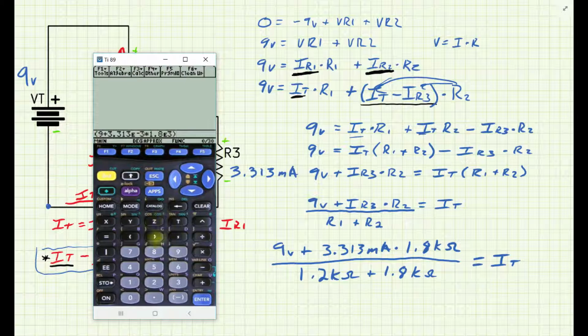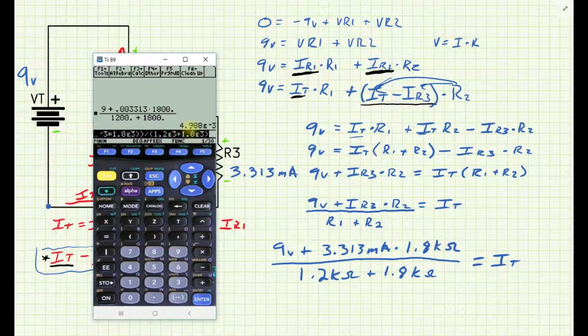Order of operations says the calculator should like that, but just to make sure that the calculator and I agree, and so we can all see it, I'm going to put my parentheses in there. Divided by 1.2 e to the third plus 1.8 e to the third, close parentheses. And so all my numbers got into the right spot, and the calculator looks happy.